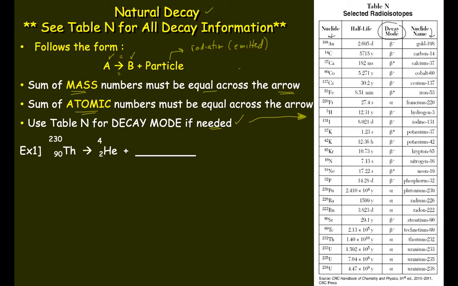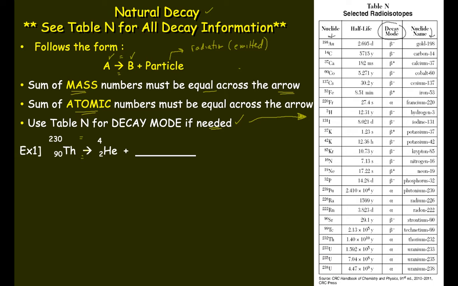Again, this would be alpha decay, this little circle here. Now again, down here, thorium-230 may or may not be on the chart, but they are telling you it's giving off an alpha particle. And again, the particles sometimes can be written before the B or after the B. So these can be written backwards. That's fine too. You just have to realize that that can happen. So really, you're thinking of this being the equal sign.